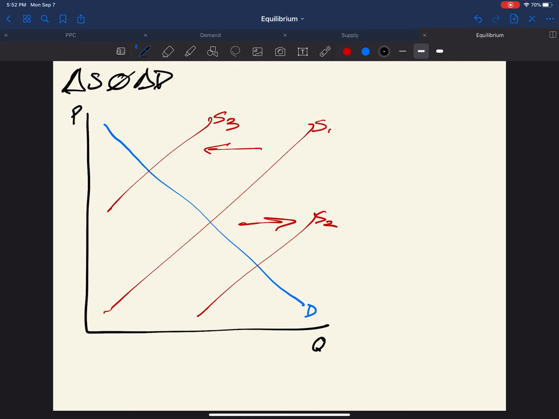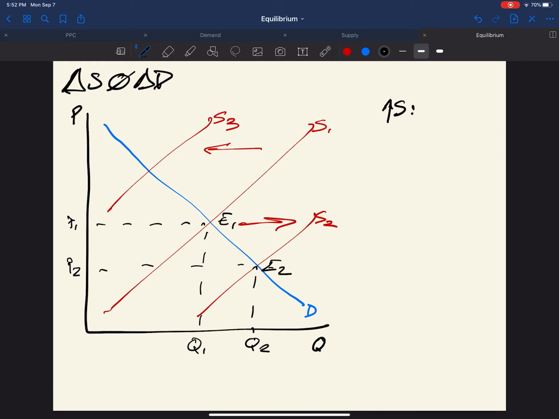So let's say that we have an increase in supply. Well, let's do the rabbit trails. Price 1, price 2. Quantity 1, quantity 2. So here's my first equilibrium, and here's my new second equilibrium. Okay.